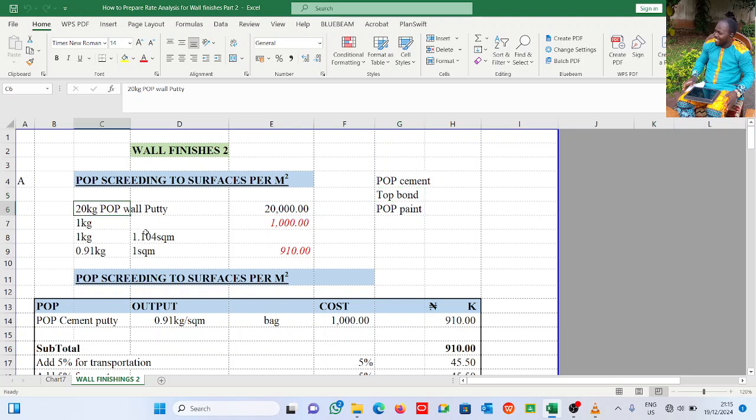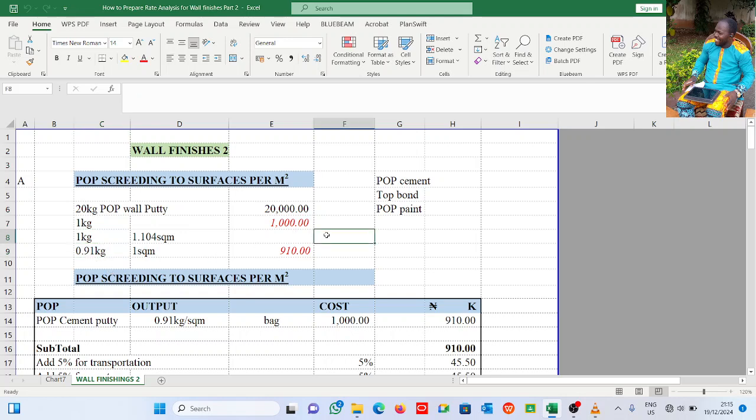So 20 kg of POP wall putty costs 20,000 naira. So that 1 kg, of course divided by 20, costs 1,000 naira. 1 kg of POP wall putty covers 1.104 square meters, so that 1 square meter requires 0.91 kg.